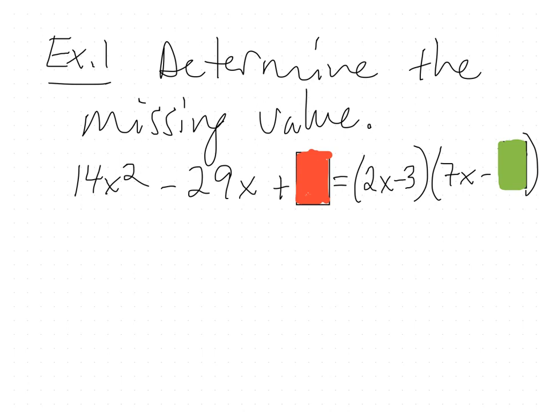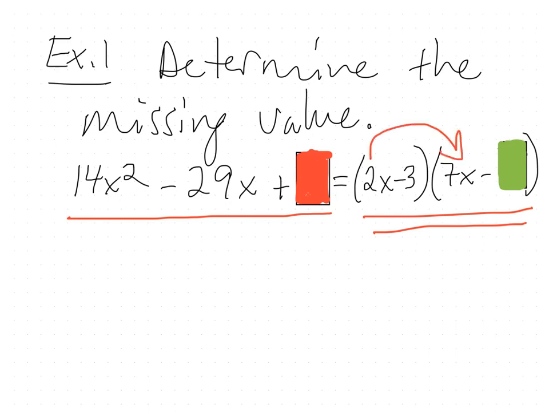And we have to determine the missing value. So we have standard form on the left side. We have factored form on the right side. And if we start to consider the distributive property, expanding the brackets, we end up with 14x squared, which satisfies our first term.